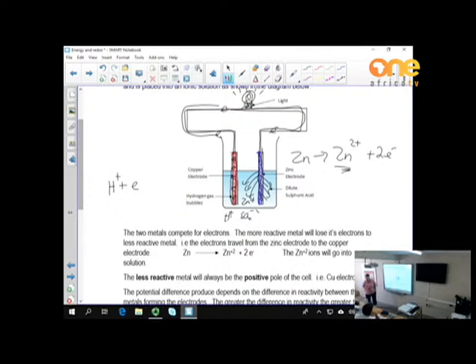They can't go into solution. So when a hydrogen ion bumps into that electrode, it's going to gain an electron, and we will get the formation of hydrogen gas. That's the little bubbles that they show here. Little bubbles of gas can eventually escape. We get the formation of some hydrogen at the other electrode.